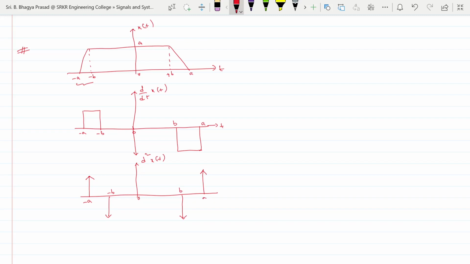So we find the impulse positions and their strengths, make the expression for d square x of t by dt square with the help of impulses, and apply the Fourier transform property. Like this you can solve numerous problems using the properties.